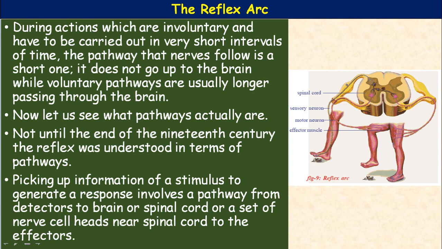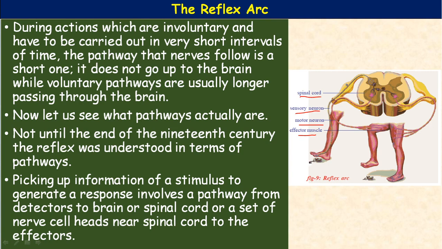You can see the structure here, the reflex arc. The reflex arc involves four main components: the sensory neuron, the first one, then the motor neuron, the effector muscle, and the spinal cord. The spinal cord itself is also called the associated neurons.